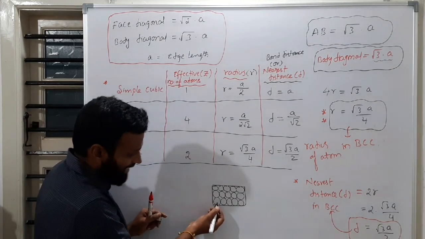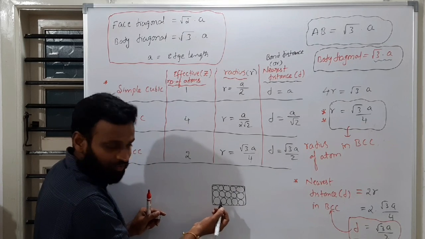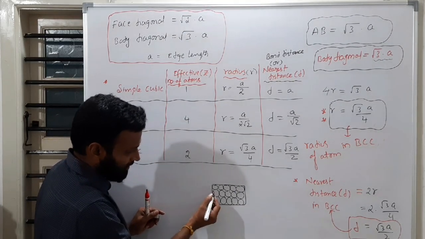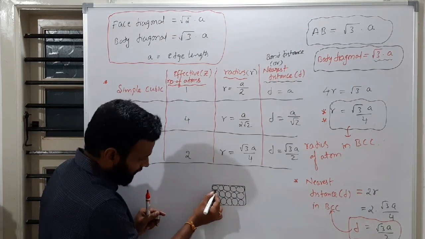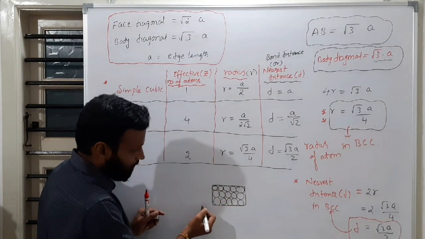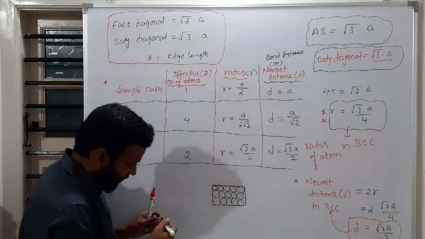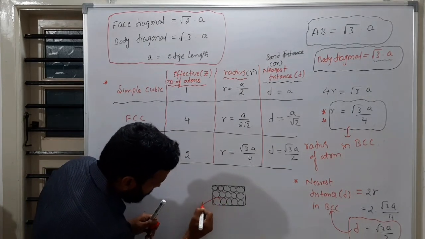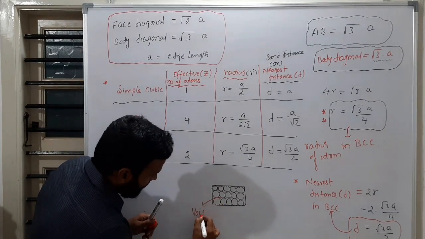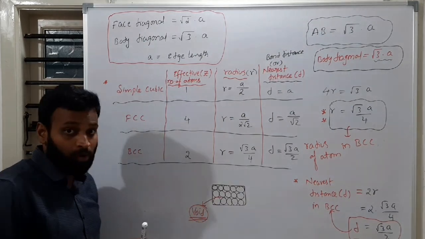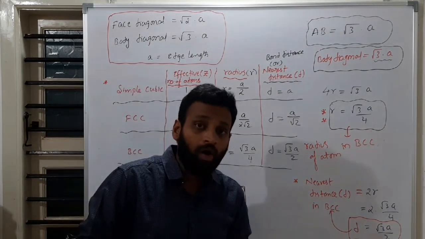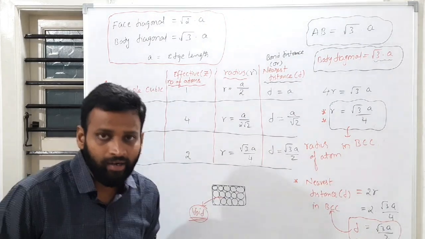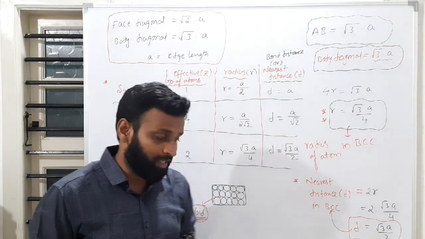It means how much percentage of area is occupied by these atoms. This is the particular area occupied by atoms, and this free space between atoms is called void. Very important: voids. We have octahedral voids and tetrahedral voids. Those we will discuss all at one place.